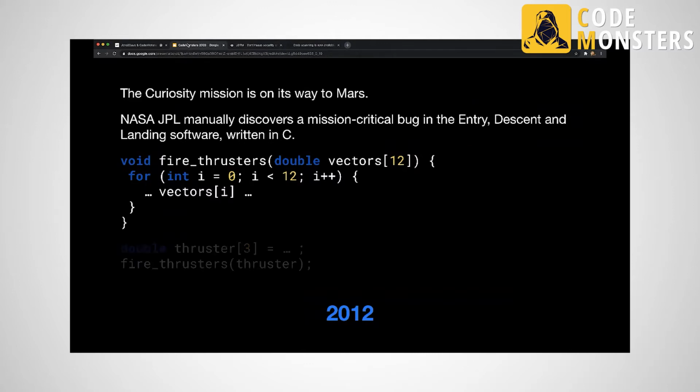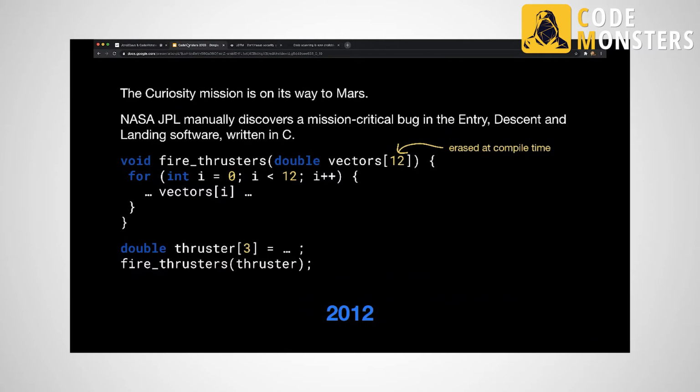Later, there were some calls to this function, and in particular, some function calls were invoking the fire thrusters function with an array that was shorter than expected. If you are familiar with C or C++, the 12, the size of the array here, is really an annotation that is removed at compile time.